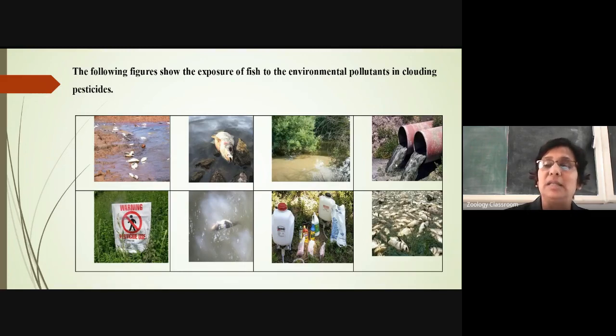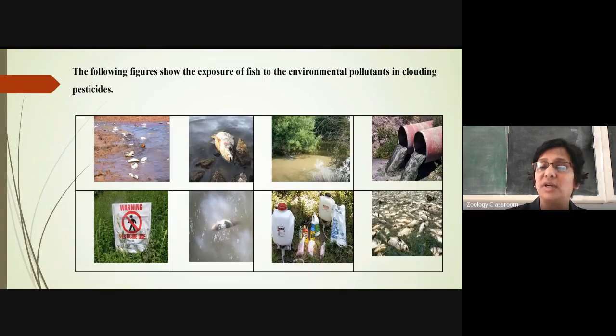So obviously the fishes present in that particular water body are affected by the pesticides as well as various metals and other contaminants, and this has an effect on the body of fish. And you can see in this figure that the water is totally turbid, and this is because of the insecticides as well as pesticides.